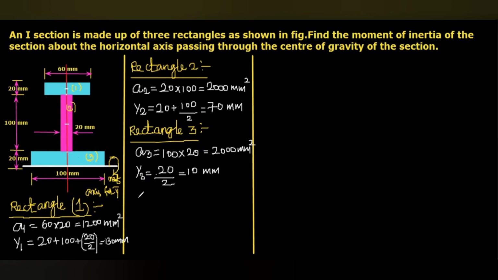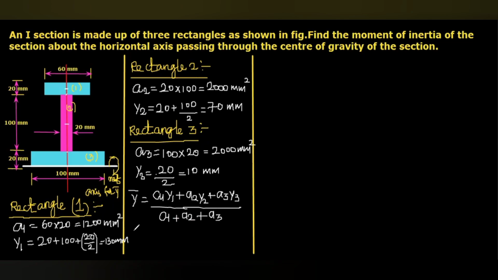So now we are going to calculate y bar, which is equal to a1 y1 plus a2 y2 plus a3 y3, the whole divided by a1 plus a2 plus a3.